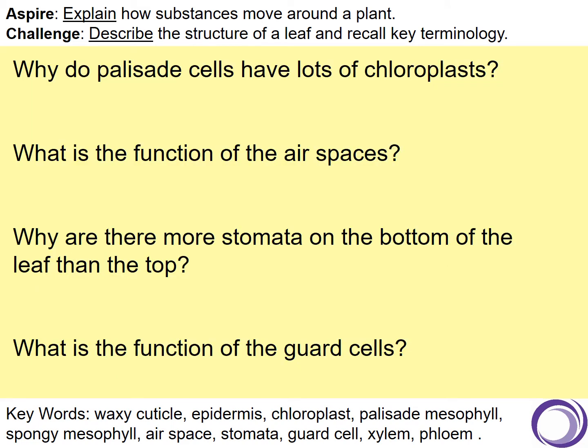I just want to go through these really quickly. And again, I'm not going to apologize for going through these over and over again and carrying on recapping them. But it's really, really important that you do know these. So why do palisade cells have lots of chloroplasts? What is the function of the air spaces? Why are there more stomata at the bottom of a leaf than at the top? And what is the function of guard cells? Quick note on them. I'll give you 4 minutes.